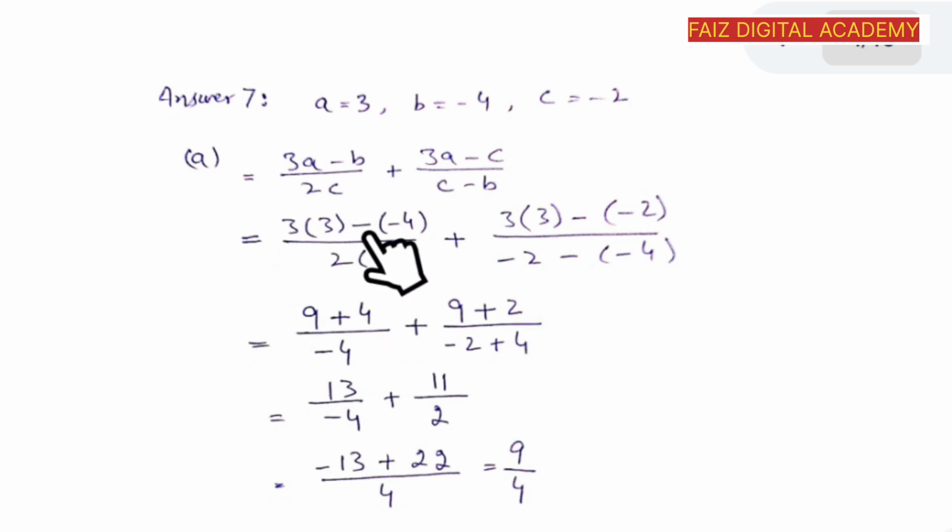Similarly, this minus sign is written and the value of b was -4, so this is written as -4. Similarly, 2 into -2 which was the value of c, and then on the other side 3 into 3 minus -2 over -2 minus -4. So we just write the values of the variables in the algebraic expression that is given in part A.